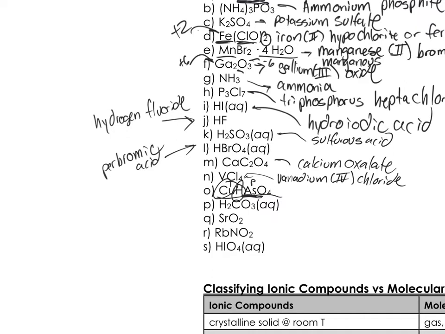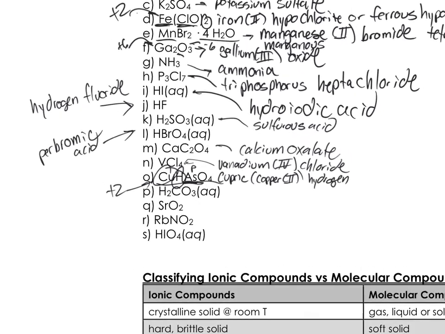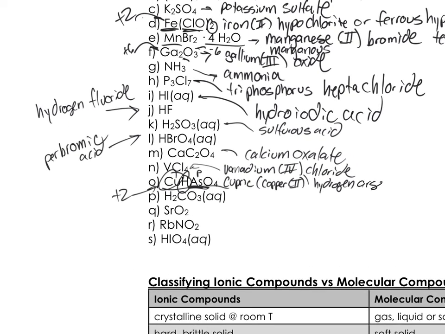But I add a hydrogen onto there, so that bumps it down by 1. So here, copper has to have a +2 oxidation state in order to balance out the charge. So this becomes cupric, or copper 2, hydrogen arsenate.